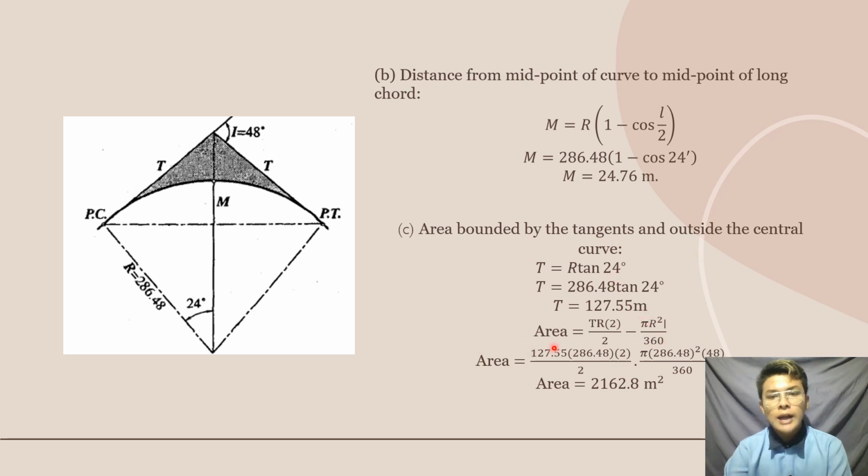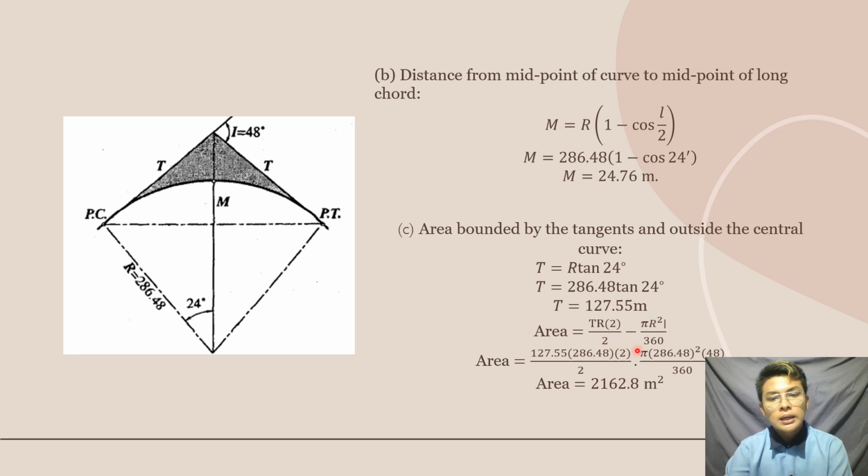Before we get the area of the bounded tangents and the outside central curve, we must get the tangent first. By using the formula T is equal to R tangent 24 degrees, and by giving the values of R, which is 286.48, we will get T is equal to 127.55 meters.